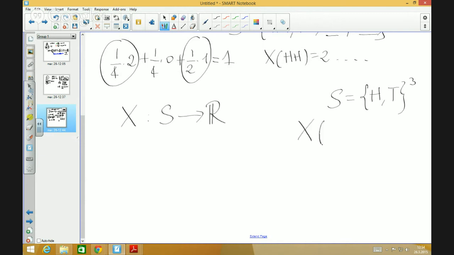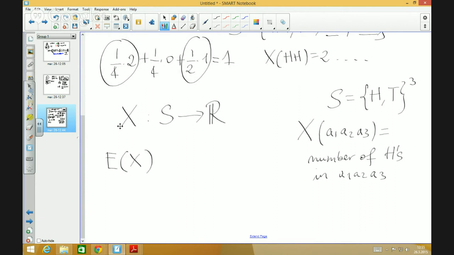If I take a string of length 3, let's call it A1, A2, A3, then this will be the number of H's in A1, A2, A3. Okay, so what is the expected value of this variable?